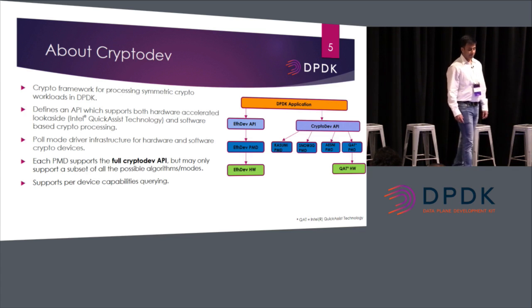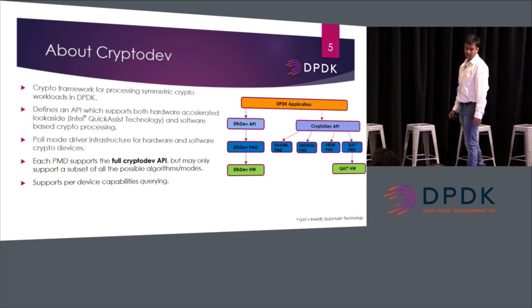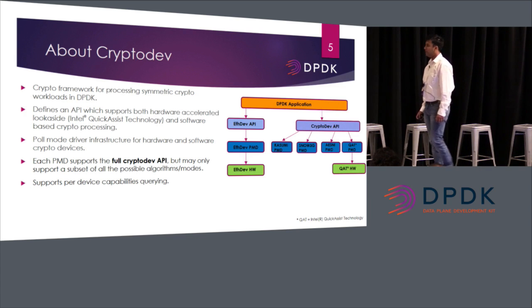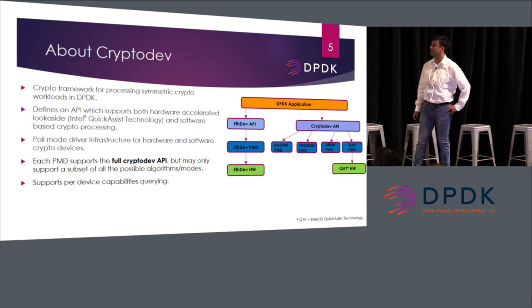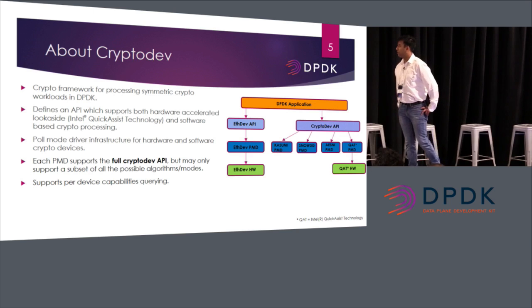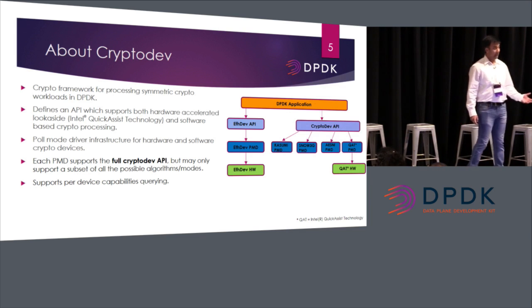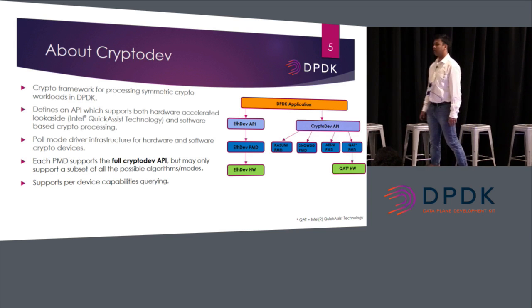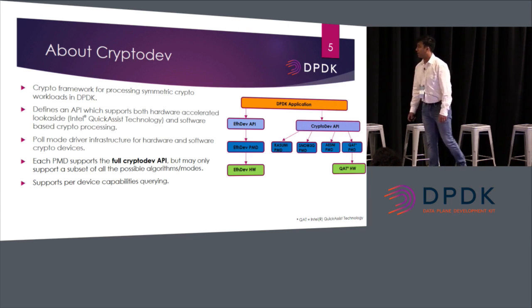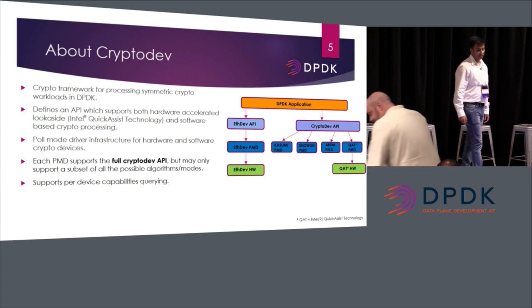I'll give a component-based overview of the Cryptodev API in my next slide, but each PMD has full support of the Cryptodev API, though it might not support all the algorithms. In the case of the AESNI multi-buffer library or PMD, we have certain constraints. We don't have some operations like cipher-only operations or hash-only operations, but we do support algorithm chaining. In QAT, we have different constraints.